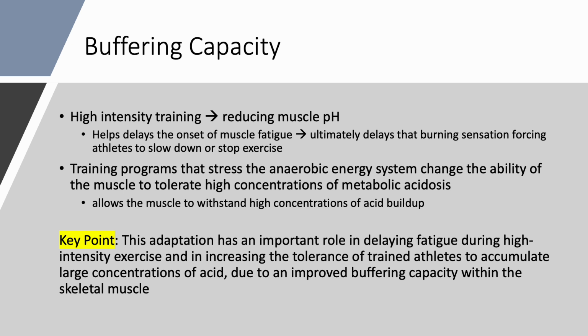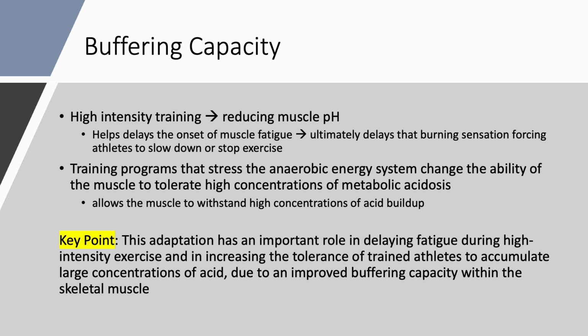In regards to exercise, when we have a greater buffering capacity, we may reduce muscle pH changes, which would in turn help delay the onset of muscle fatigue. Essentially, that burning sensation forcing athletes to slow down or even cease exercise.